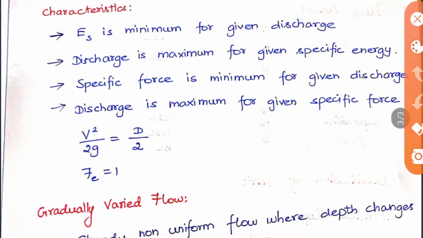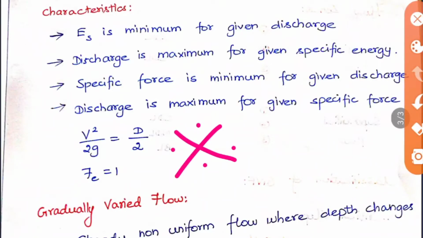This is important. And then specific force is minimum for a given discharge, and discharge is maximum for a specific force. So when you consider the reverse order, the things also get reversed, that is maximum and minimum. It is just like inverse proportion, and these two are very important.